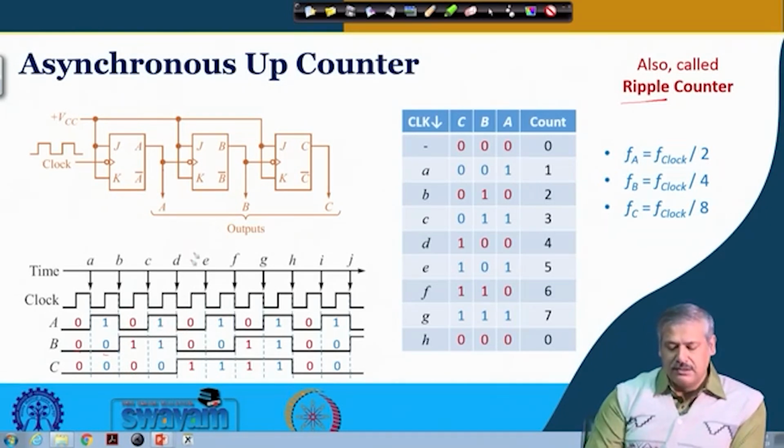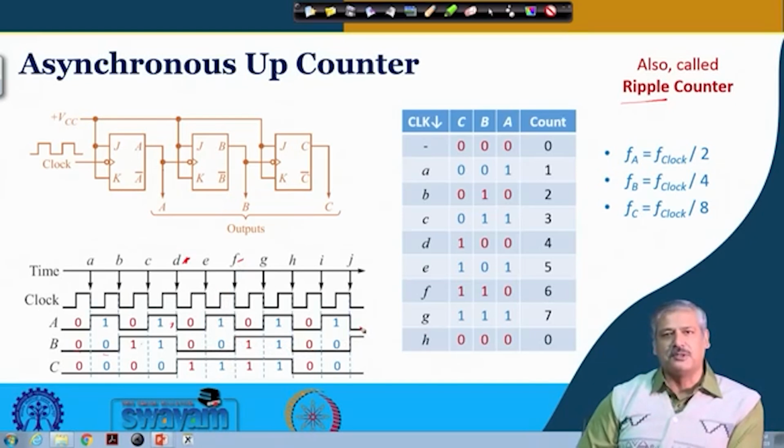As long as the next negative edge from A comes, because A is fed as the clock. The next negative edge of A comes at D, you can see here. So at that time it goes from 1 to 0. The next negative edge will come at F, so it goes from 0 to 1 and this way it goes on. Is it fine?